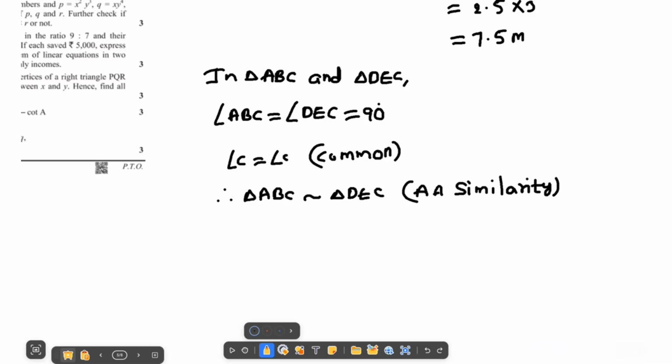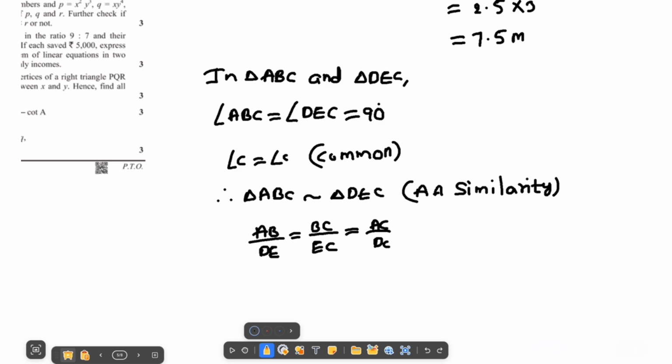So when the triangles are similar, then we know that the corresponding sides' ratio is the same. What I mean is here, AB side corresponds to DE side, BC side corresponds to EC side, and AC side corresponds to DC side. So let's write the ratio of corresponding sides. AB by DE is equal to BC by EC is equal to AC by DC.